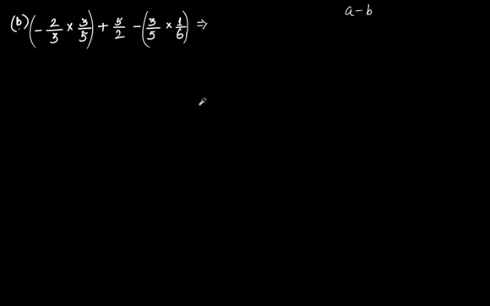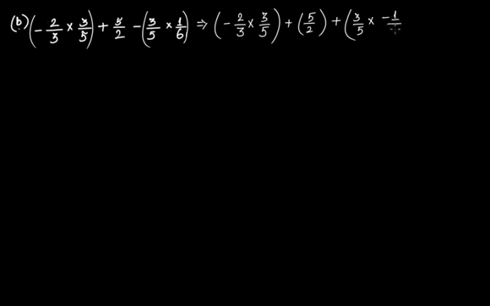So what should we do? Same thing what we have done in the first expression, that you write this as minus 2 over 3 times 3 over 5, right? And then this is plus 5 over 2, then put plus here and take minus within the bracket, and within the bracket I'm writing 3 over 5 times minus 1 over 6.